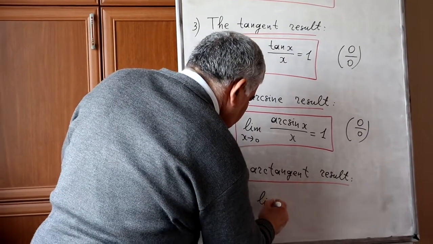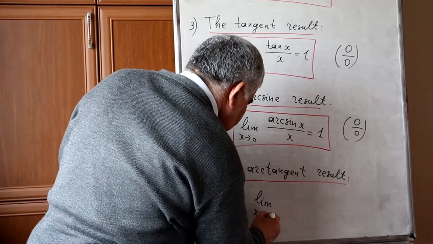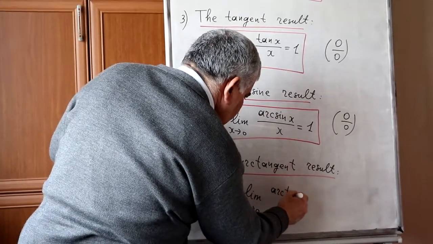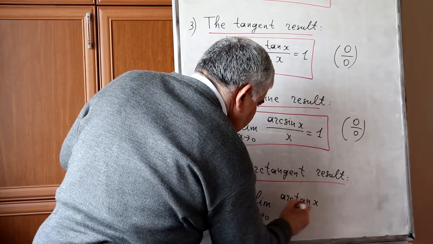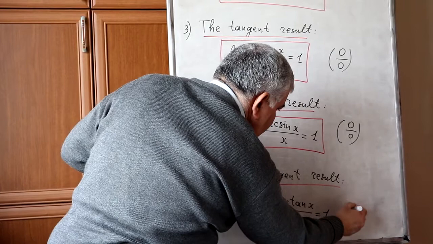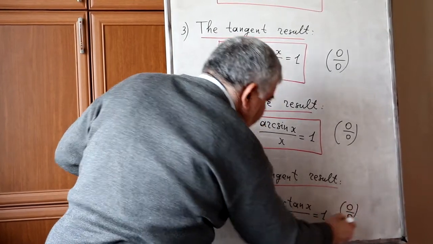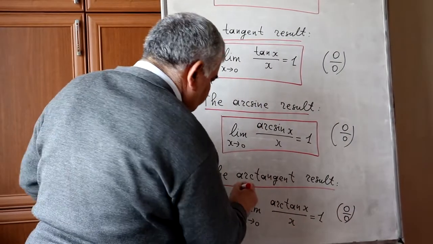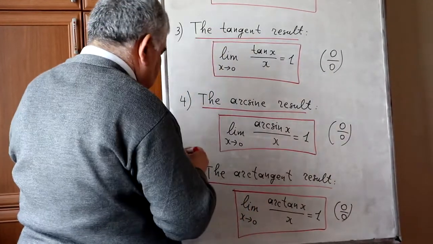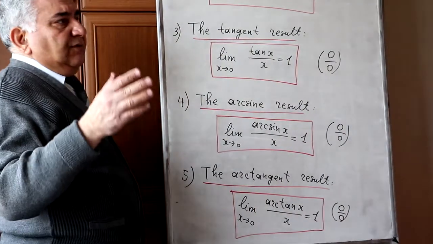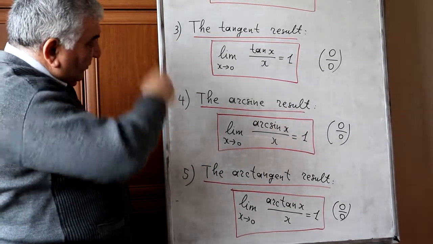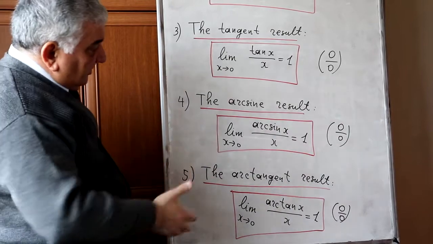Limit when x tends to 0, arctangent x over x is the unit. It is an indeterminate form of type 0 over 0. Thus we have the first remarkable limit itself and its four results. Please write.